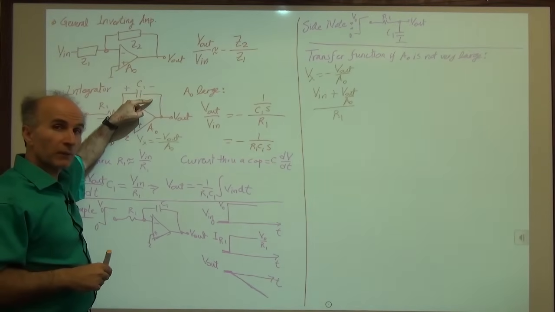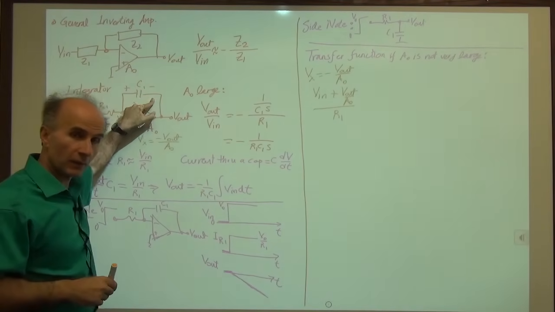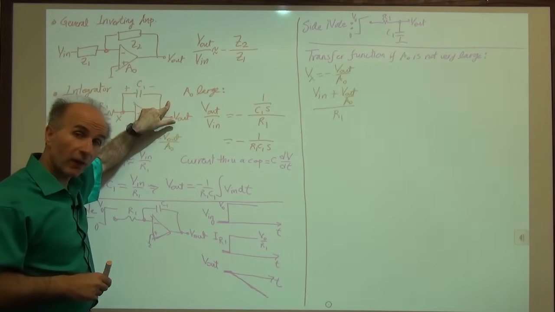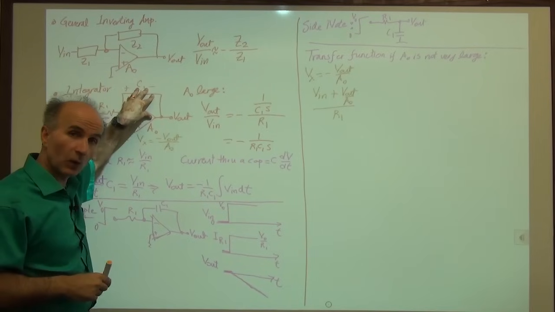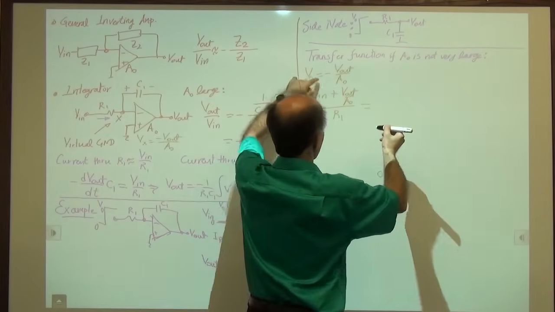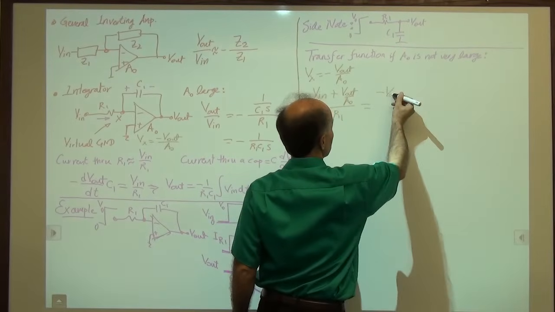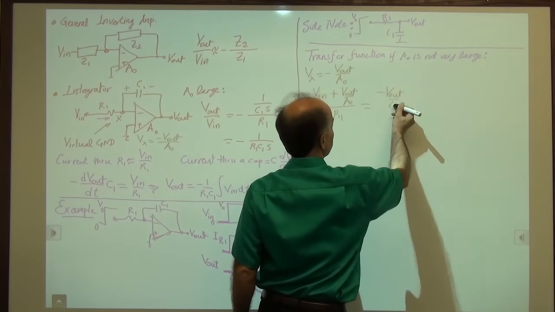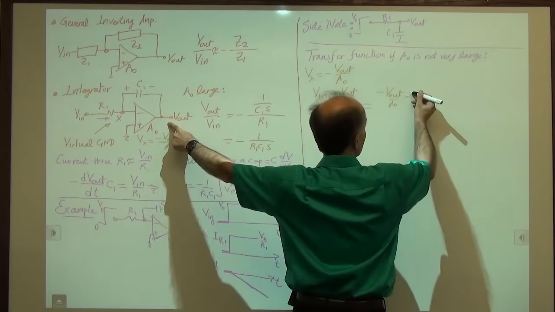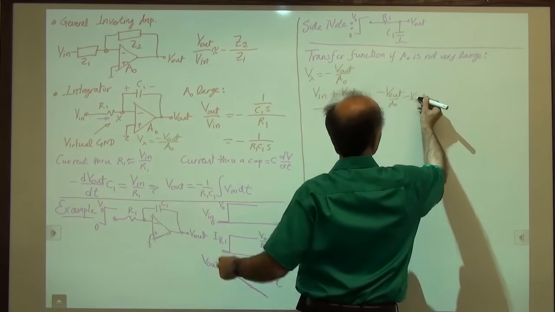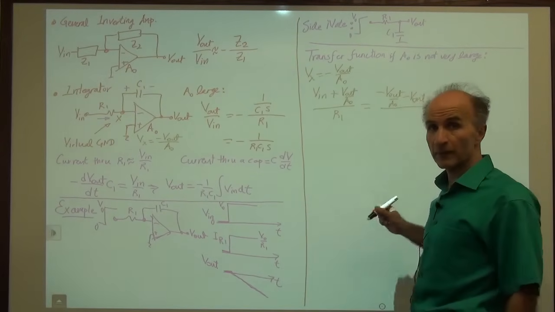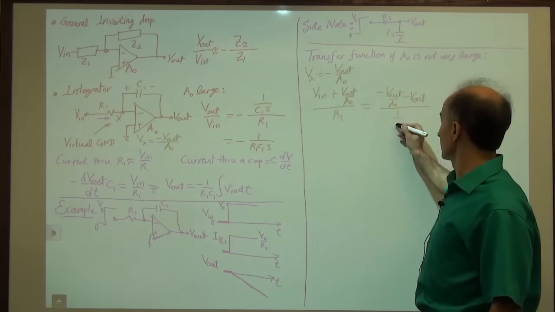The current flowing through C1 from left to right is equal to this voltage minus this voltage divided by the impedance of C1. So this voltage we have, Vx, so minus V out over A0, minus this voltage, which is V out, divided by the impedance of the capacitor, which you know is 1 over C1s.